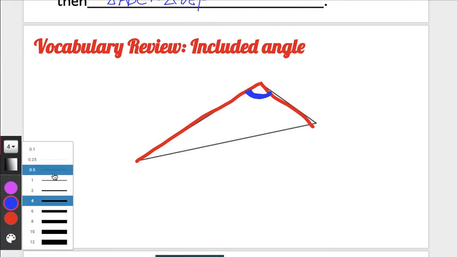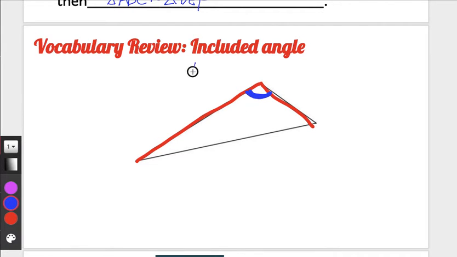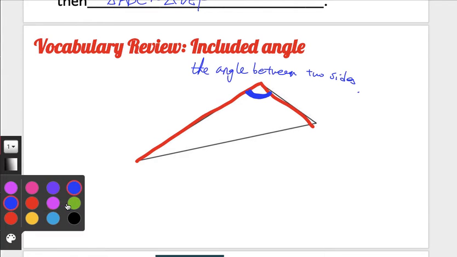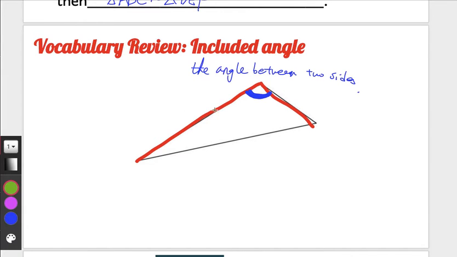Let me write down here: the angle between 2 sides is called the included angle. As I mentioned, in the triangle, if I'm talking about 2 different sides, then we are talking about different included angles. So let's use a different color to show. If I'm talking about this side, let's use a bolded line, it's easy to see.